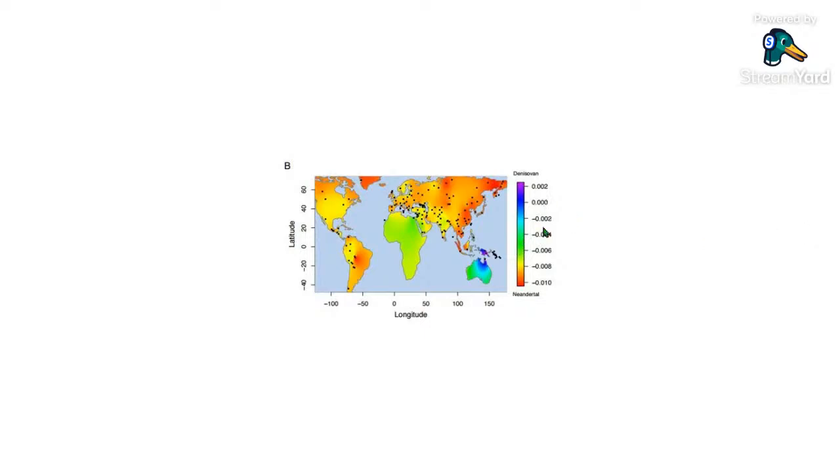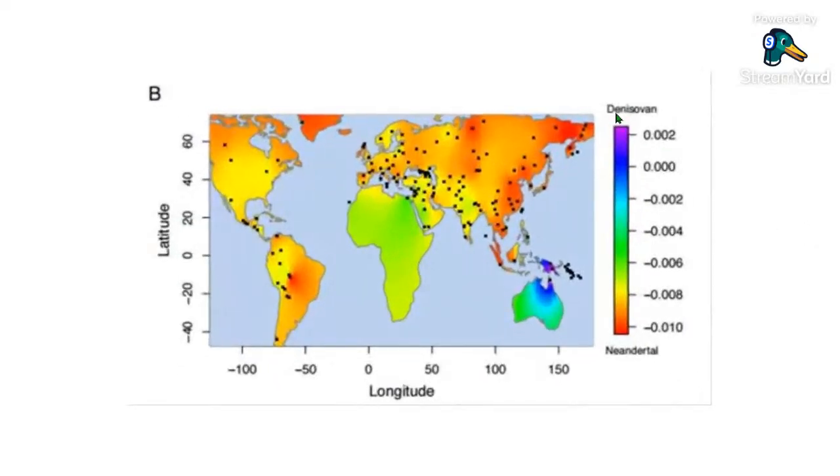So this is the mix of Denisovan and Neanderthal. So again, we have the hot with Neanderthal, and the cold with Denisovan.